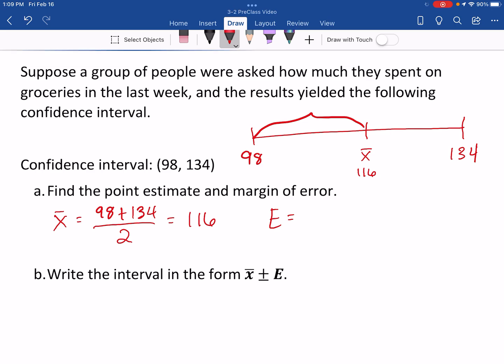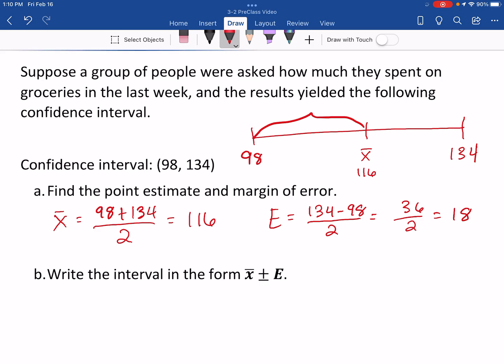But I like finding half the width of the interval because then it doesn't matter which order you find your answers in. That's right. So I'm going to take 134 minus 98, which is the width of the interval, the upper limit minus the lower. That's 36, divided by 2, which gives me 18 for the margin of error.